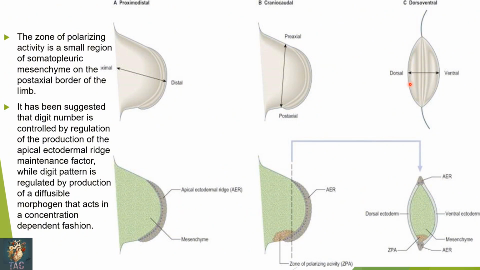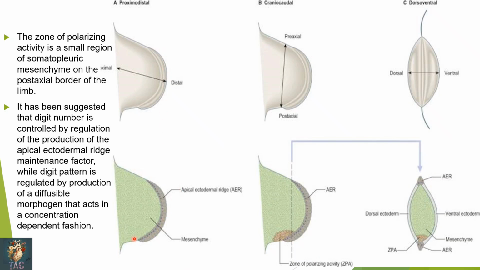Then the third axis, from dorsal to ventral, is called the dorsoventral axis. These are the 3 different axes which determine limb development. The AER basically defines the proximo-distal axis.